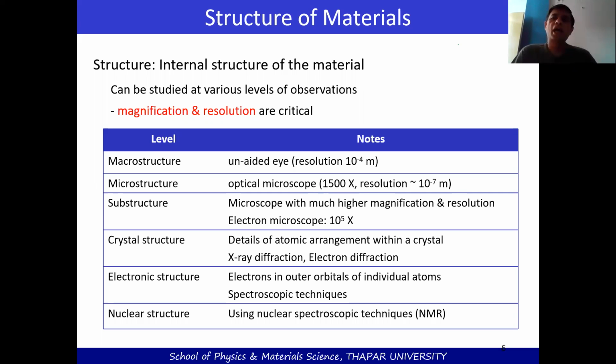If you try to further magnify the material surface using an optical microscope, whose typical magnification is around 1500x, what you observe is called the microstructure of the material, where you can see the finer details of the surface of the material.